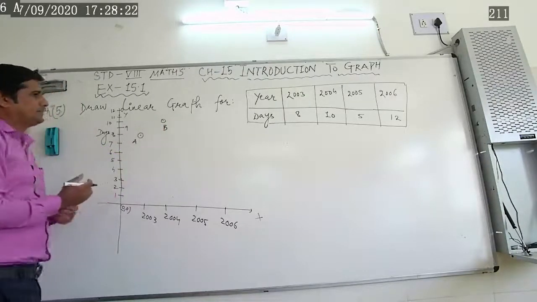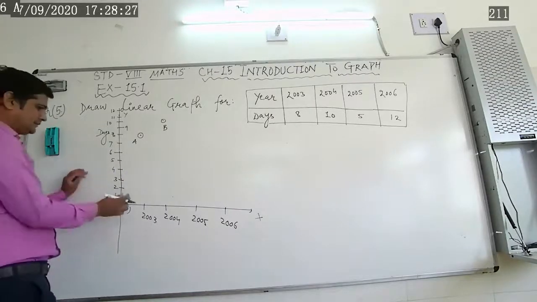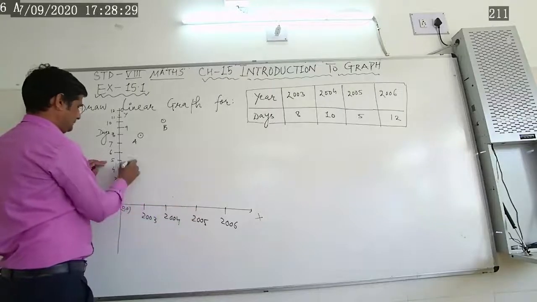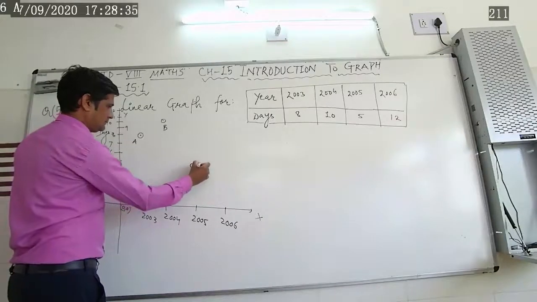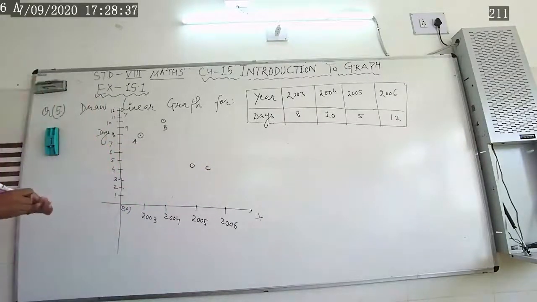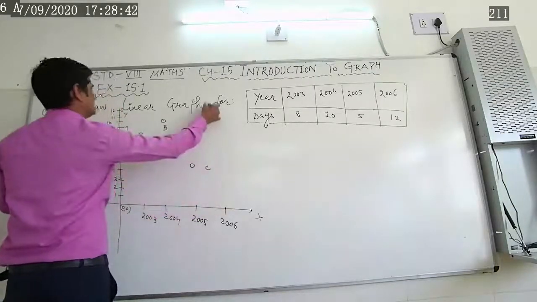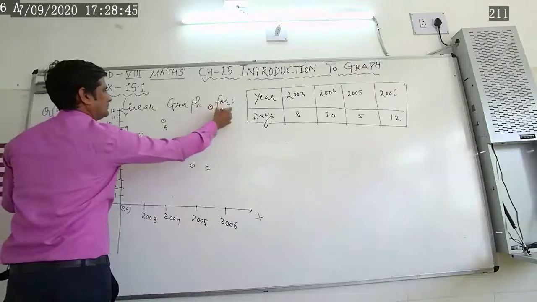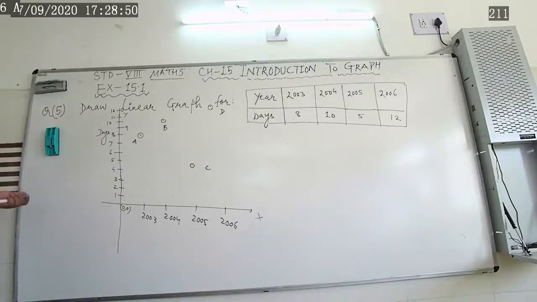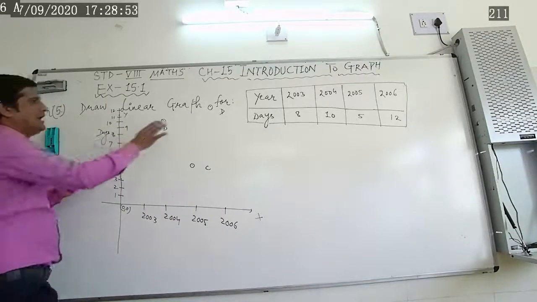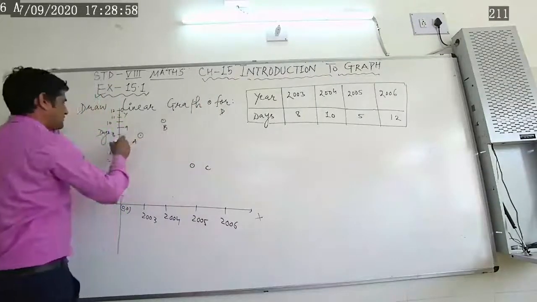This is the point B. 2005, 5. Point C. 2006, 12. D.